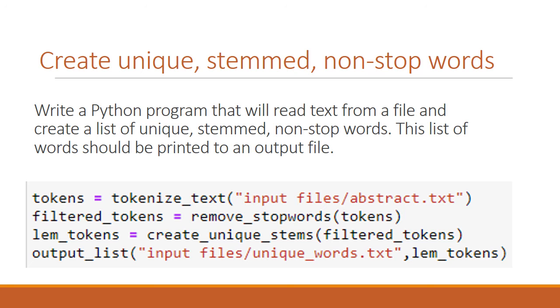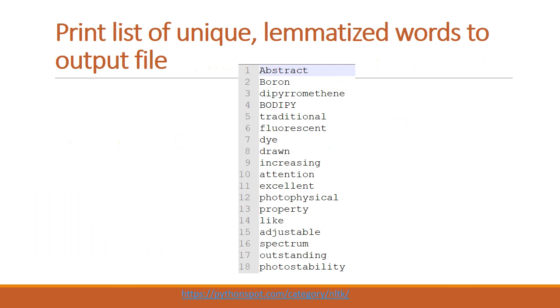So these are the lemmatized tokens. Now that we have our list of unique stemmed nonstop words, we can write them to an output file. So we're going to call our function output list, passing in the name of the output file that we want to have created, and we're going to pass in this unique list of tokens. Here's an example of what the final output file might look like.